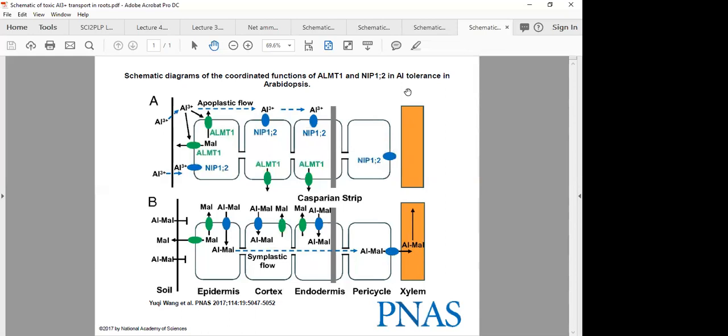Okay, so I think just a nice illustration of why some plants exhibit tolerance to these toxic species in the soil, and obviously other plants must lack these mechanisms.